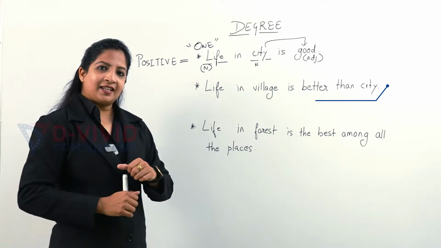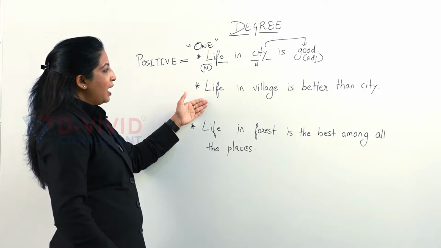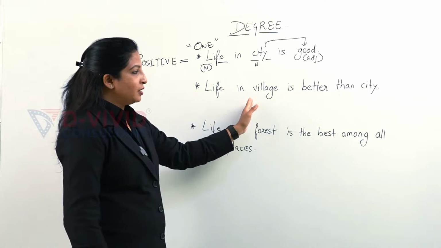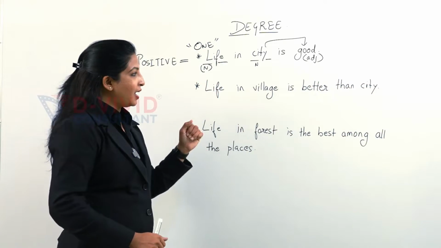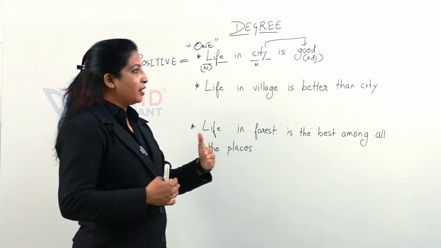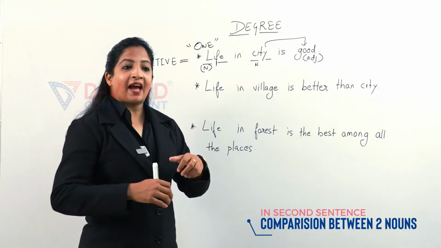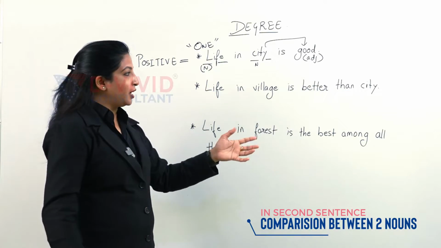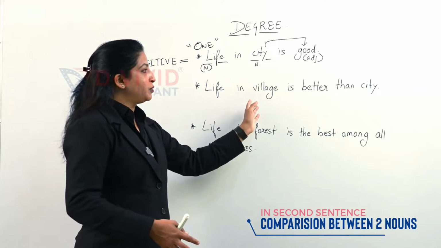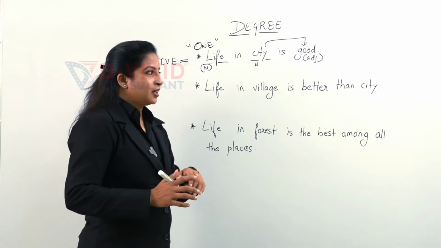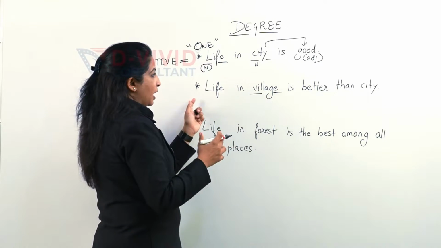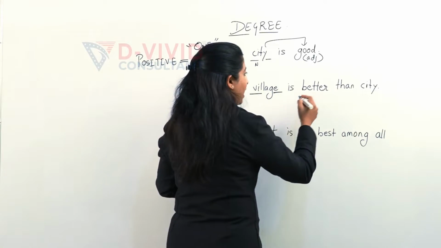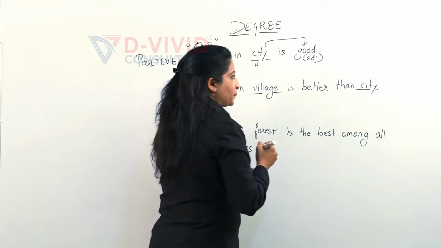Now, in the second sentence, I have written life in village is better than city. It means I have compared 2 nouns. I have generated a comparison between 2 nouns. I have taken the life in the village and the life in city.